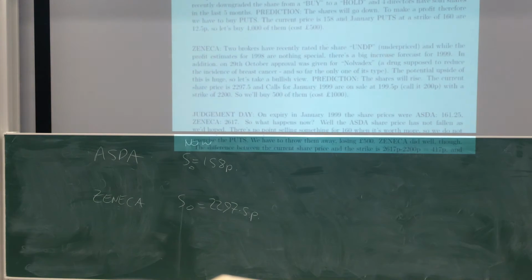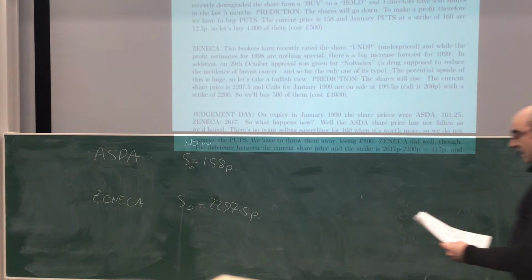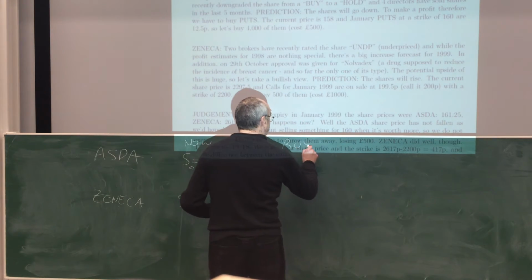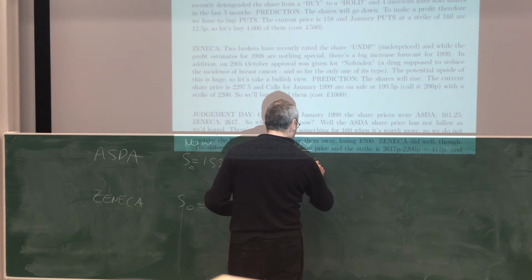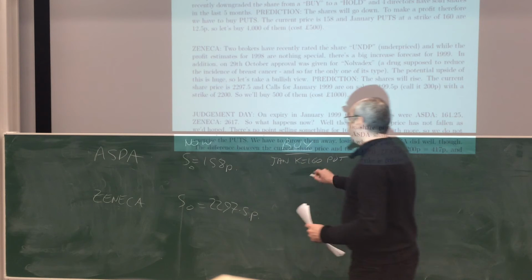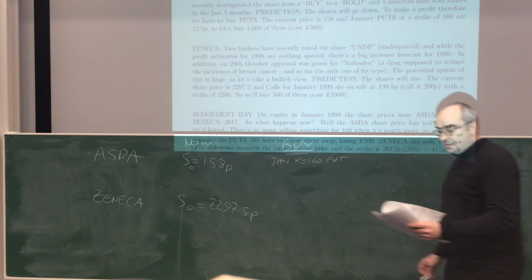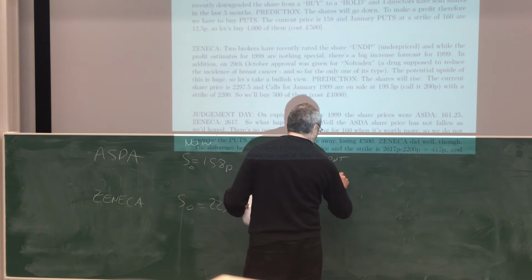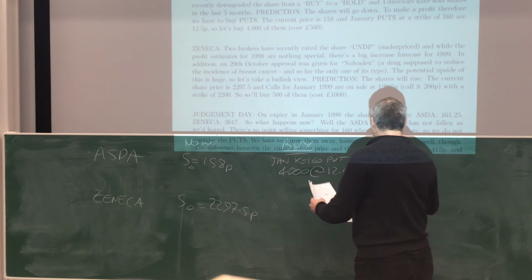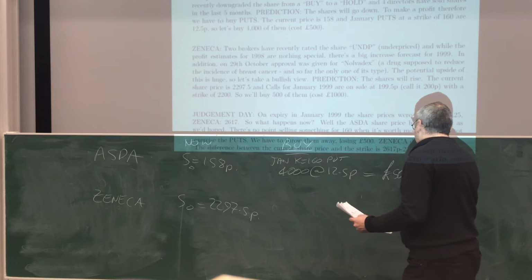So this is 12.5p. Let's say that I'm going to buy a January put with a strike price of 160, and I'm going to buy 4,000 of them at 12.5p, which is going to cost me £500.